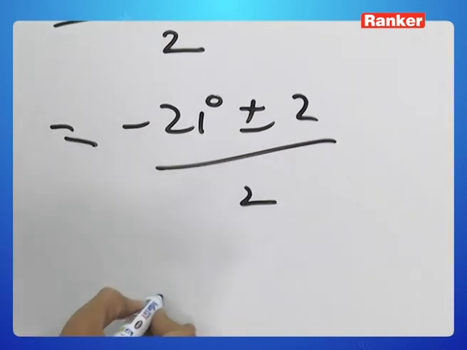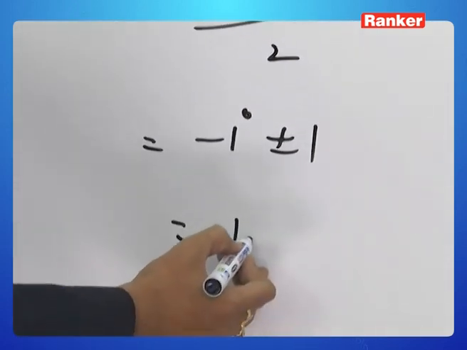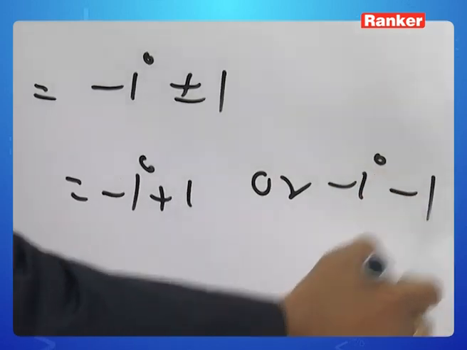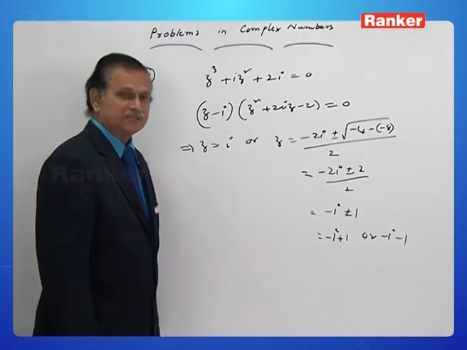This is minus i plus or minus 1, which is equal to minus i plus 1 or minus i minus 1.